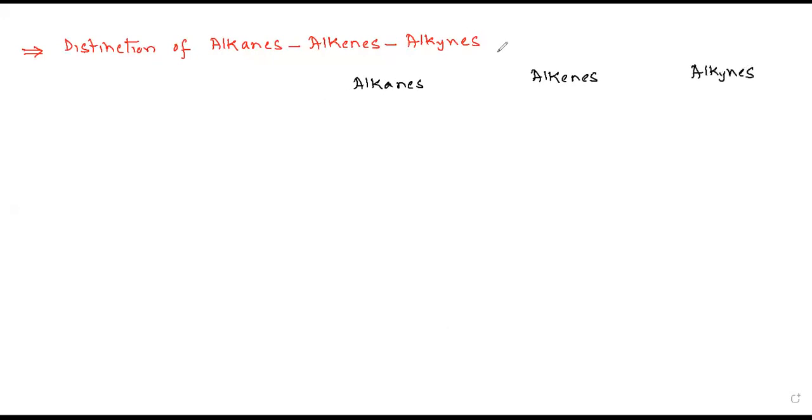And the first test that we are going to consider is bromine in CCl4 test, in which orange red color of this particular solution disappears.